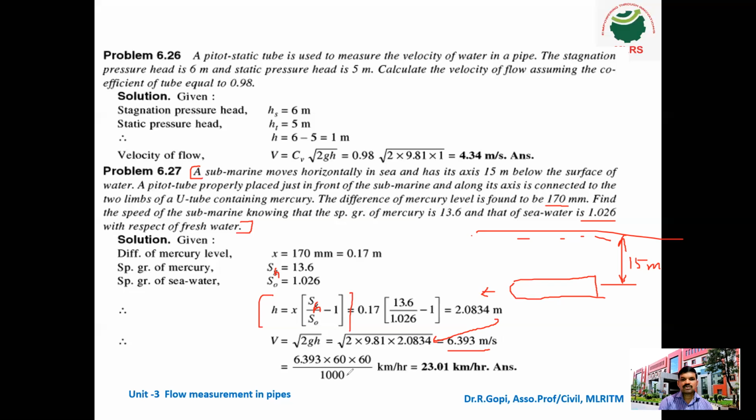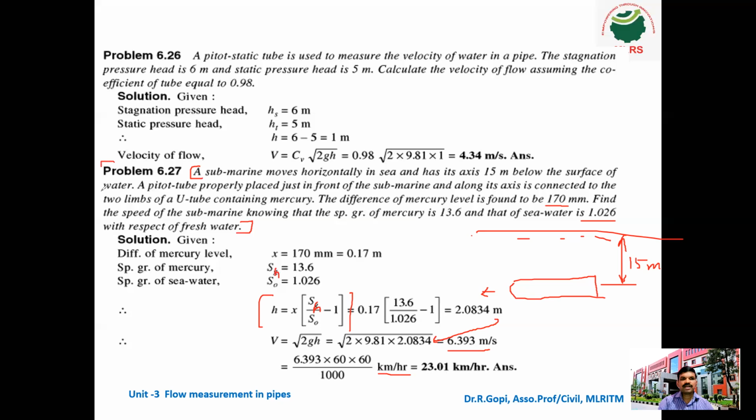The 1000 is because we convert meter into kilometer: 1000 meter is equal to 1 kilometer. Next, per second into per hour means we multiply by 60 into 60. So finally we get kilometer per hour. 6.393 meter per second converted to kilometer per hour is 23.01 kilometer per hour.